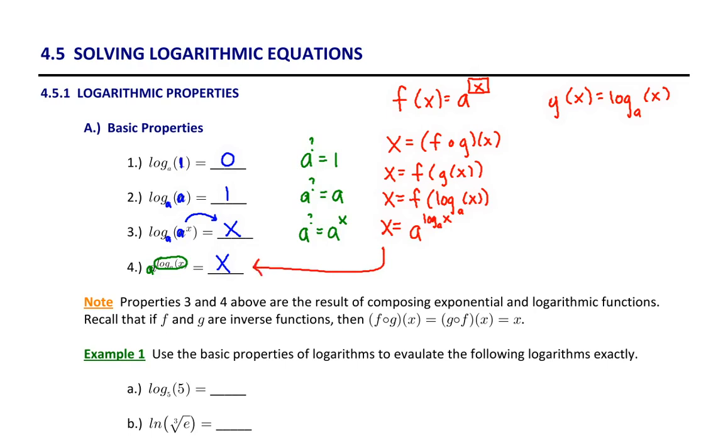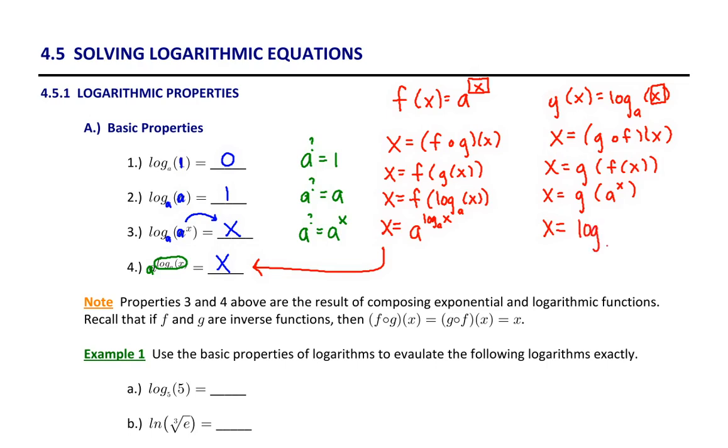Similarly, we can compose them in the other order and still get x. That is, x equals g composed with f of x, or x is g of f of x. This time we begin by replacing the inside function f, which is a to the x, and then we're going to take that argument a to the x and plug it into the function g where I see the argument.